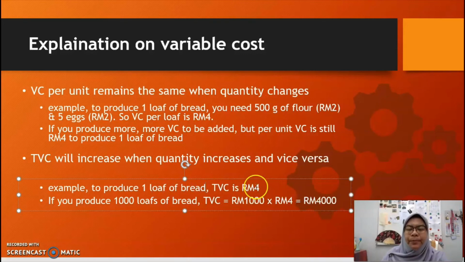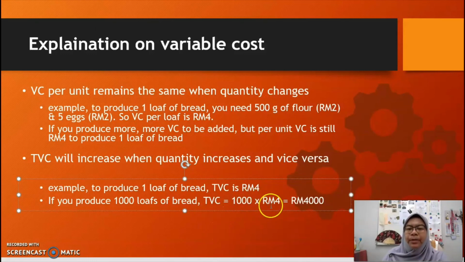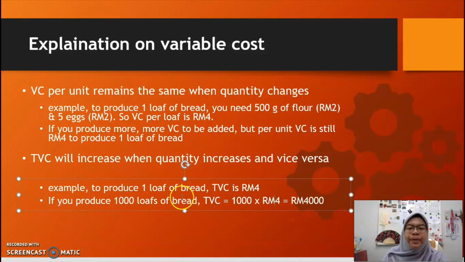But if you produce 1,000 loaves of bread, total variable cost is equal to 1,000 quantities multiplied by 4 ringgit, which is 4,000 ringgit in total. So you can see total variable cost increased from 4 ringgit to 4,000 ringgit when quantity also increased from 1 unit to 1,000 units. So that is variable cost.